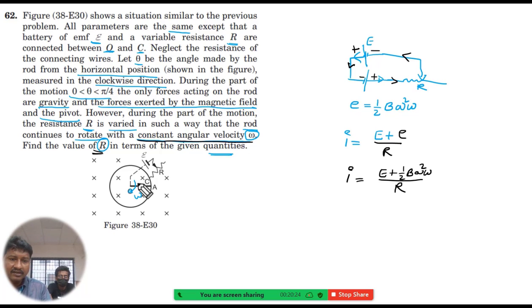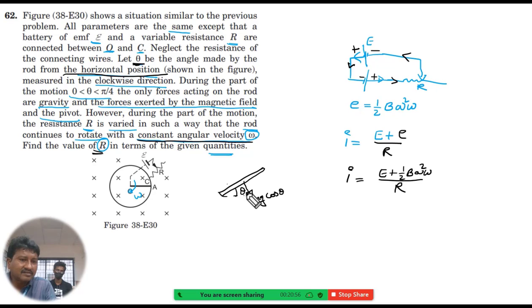So here they gave the rod position, and with the horizontal they gave the angle theta. The weight component in this direction is mg cos theta, and the other component in this direction is mg sin theta, which is along the rod.